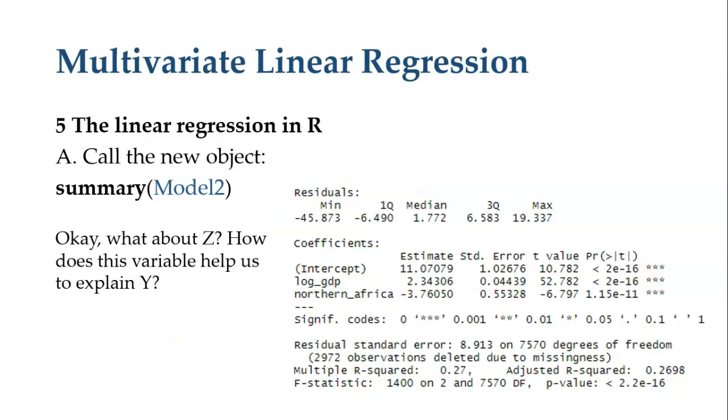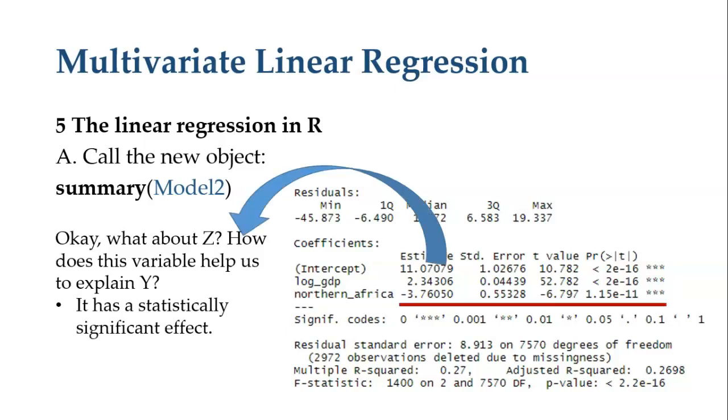But as you learned from a previous class, in this class of descriptive statistics, we also need to explore the effect of C on Y. We cannot just stop with the effect of X on Y, whether it remains statistically and substantively significant. We also need to see what happened with C. How does C help us explain Y?